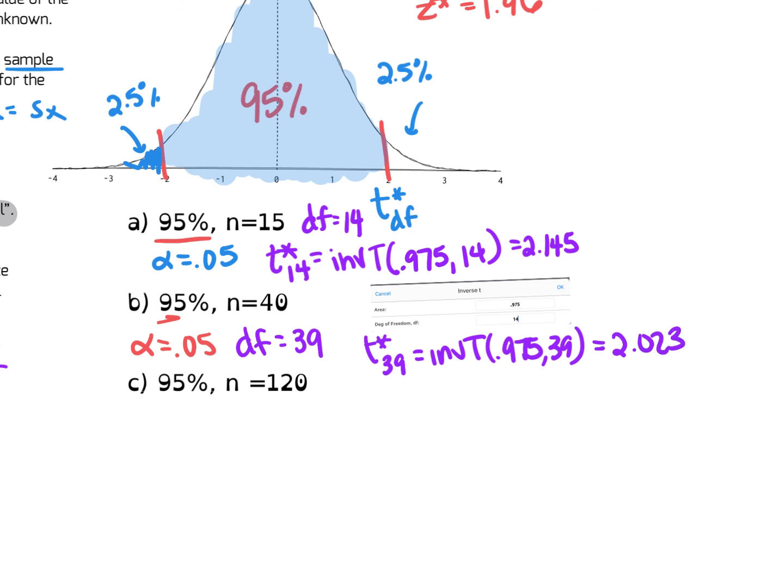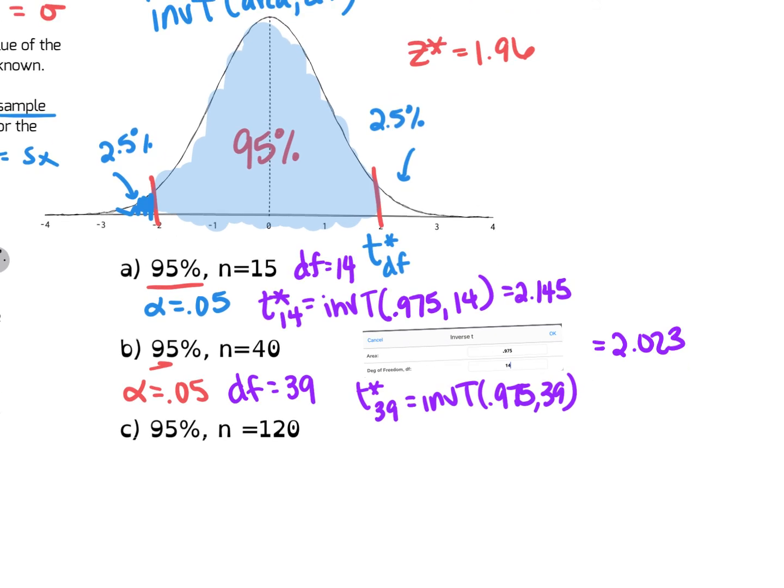So notice what happened. If we compare these two values this time, notice that Z star was 1.96, T star when sample size was 15 was 2.14. When it was 40, it decreased to 2.02.